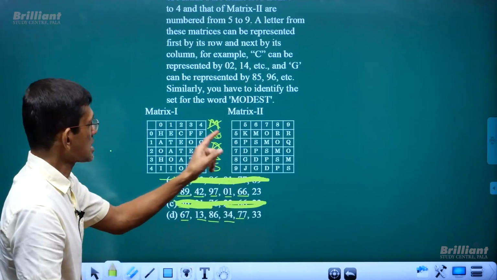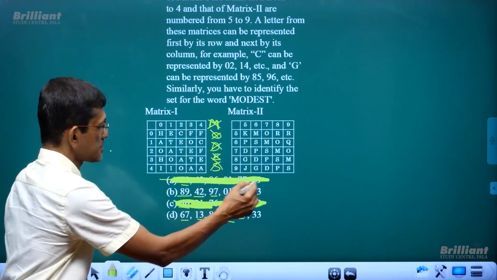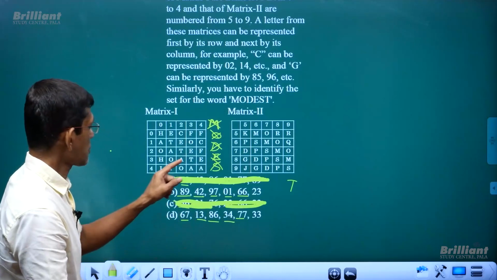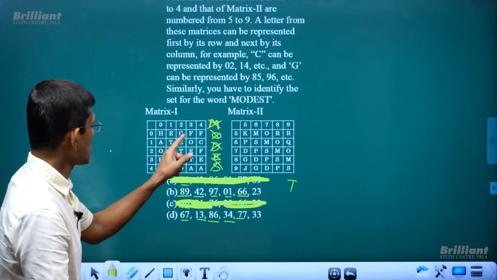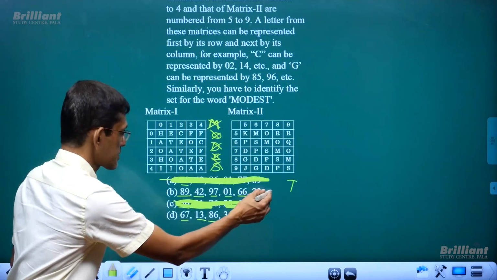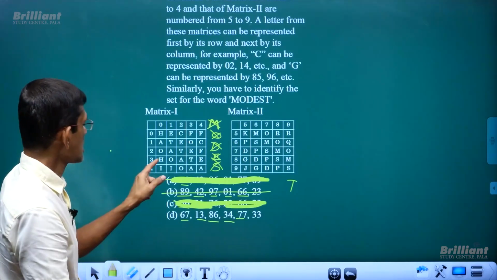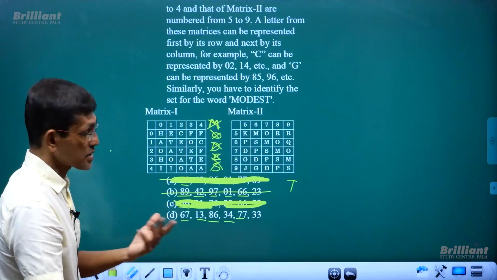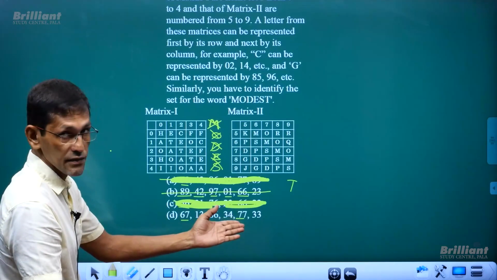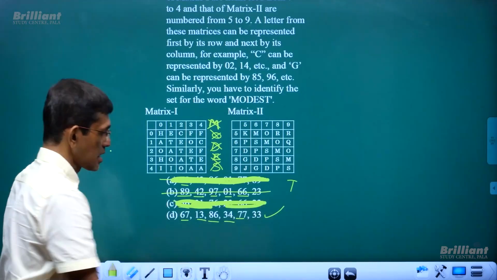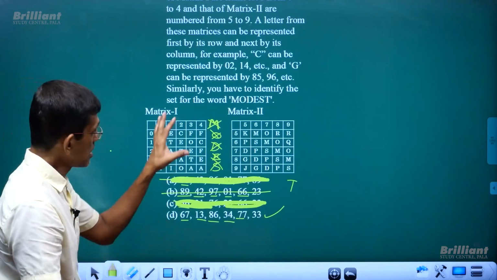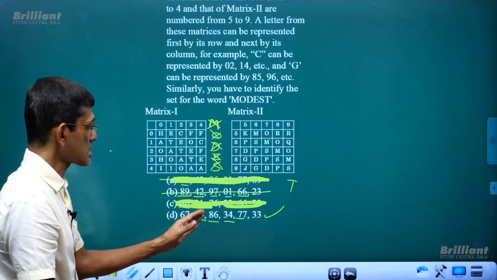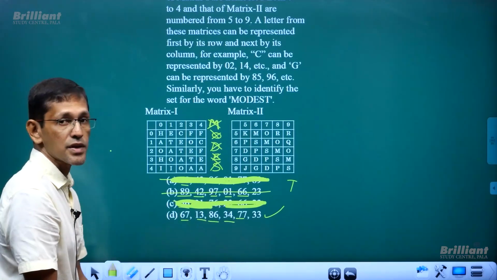Now look at the last letter. The last letter is T. And T, 23 and 33. 23 is not T, so out. How about 33? Yes, 33 is T. Even without looking at the matrix, you can say that's the only answer choice left, so that is going to be the answer. Done. So MODEST in that code can be written as 67, 13, 86, 34, 77 and 33.